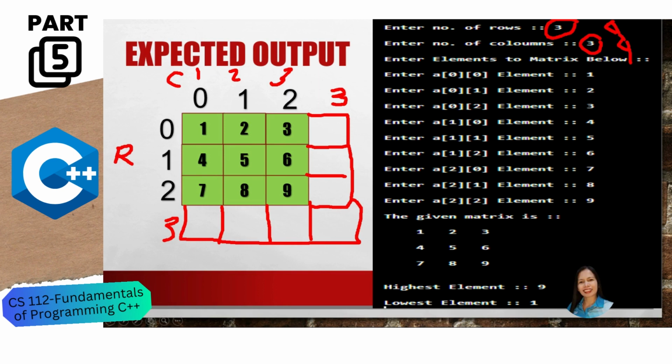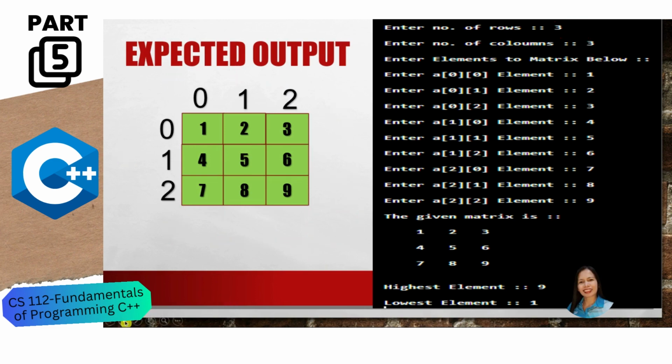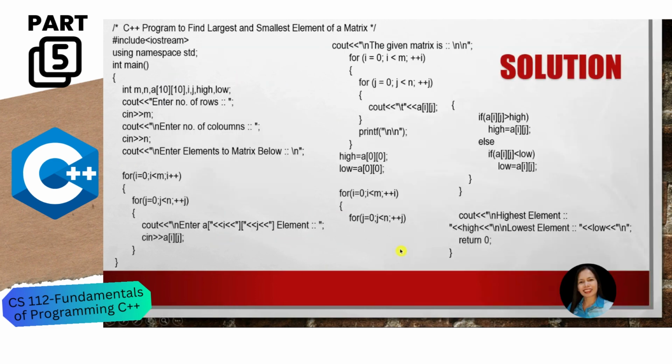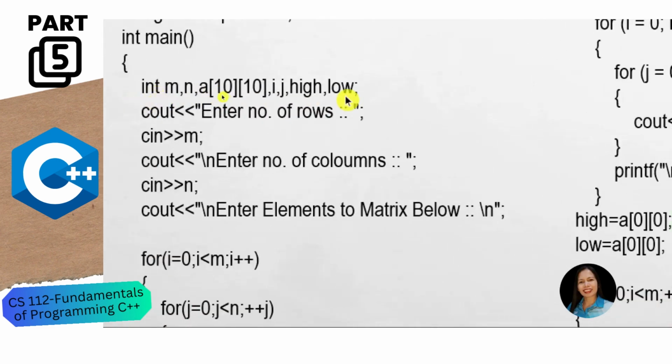Now if we look at our code here, we need to declare some variables, and since we need to find the high and low, this is for the high and low.